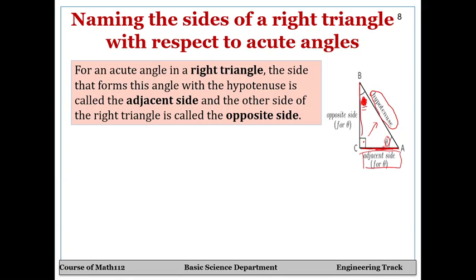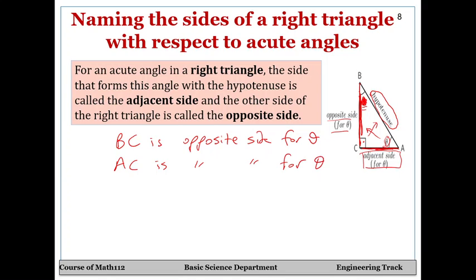And this here, we call the opposite side for theta. So BC is the opposite side for theta.